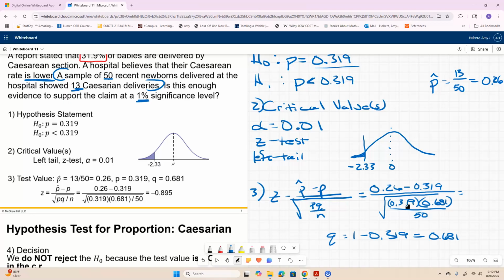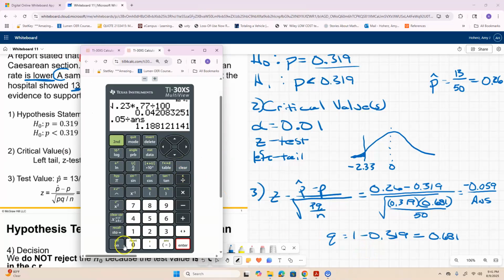And then we're going to take that top number and divide it by the answer that we get on the bottom. So that top number comes out to be negative 0.059. I checked that one on my calculator because I didn't want to mess that one up. And don't forget it's negative because we have a smaller number for our p hat than for our p, so it's going to end up being negative. And then we're going to divide that by whatever answer we get on the bottom.